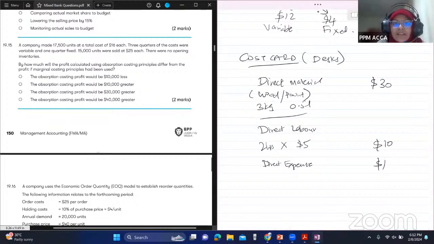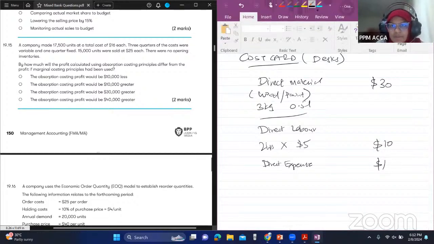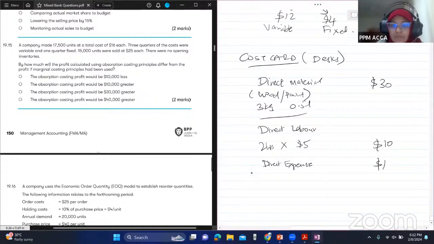If you are doing absorption costing, then any fixed overheads that you incur, things like rent, electricity, the salary of maybe supervisors. Any indirect cost, which we call fixed overheads.